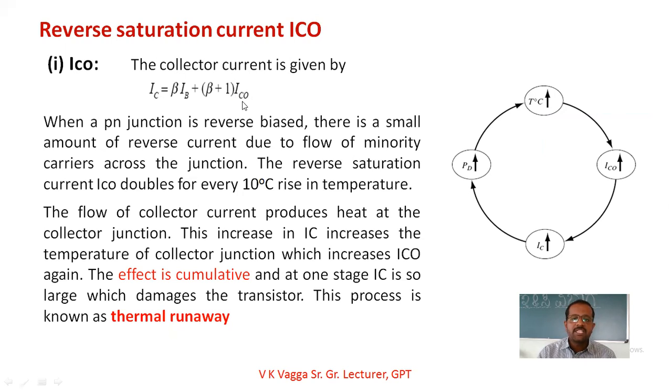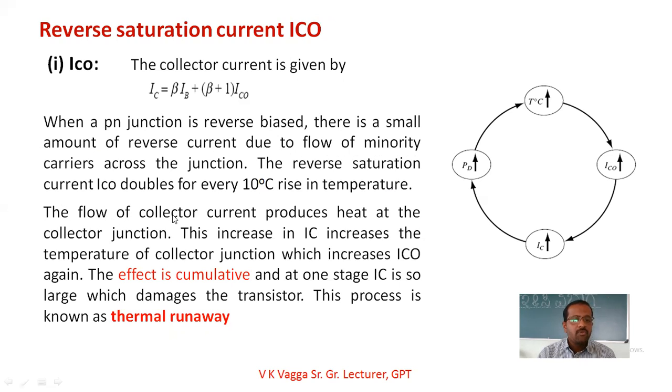This ICO is called the reverse saturation current. When a PN junction is under reverse bias, there is a small amount of reverse current due to the flow of minority carriers across the junction. This reverse saturation current ICO doubles for every 10-degree rise in temperature.